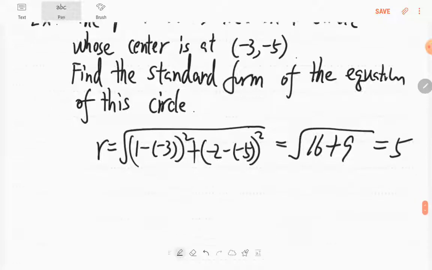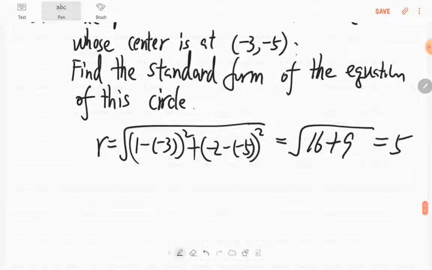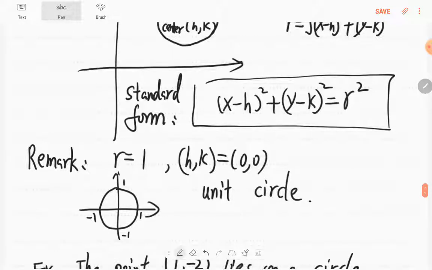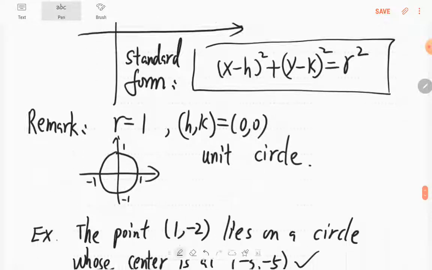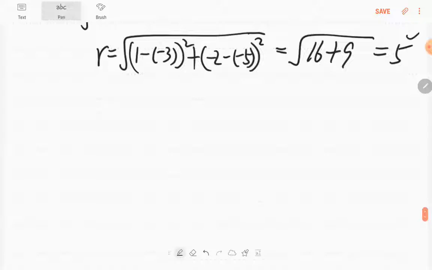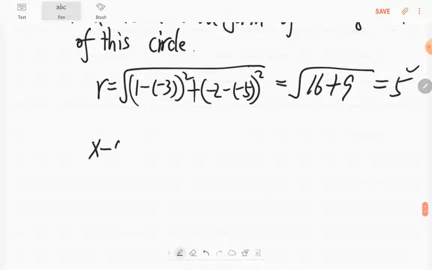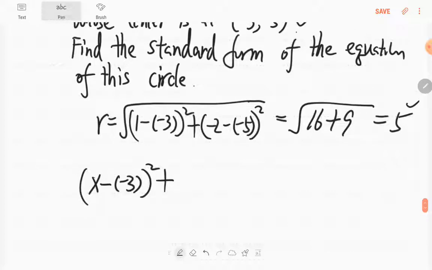So r equals 5. And we know the center, we know the radius, then we can always use this standard form. This is h, k the center, and r is the radius. So this would be x minus the center. Center is minus negative 3, so it's plus. Let's write one more step. Plus y minus the center, negative 5, squared equals 5 squared.